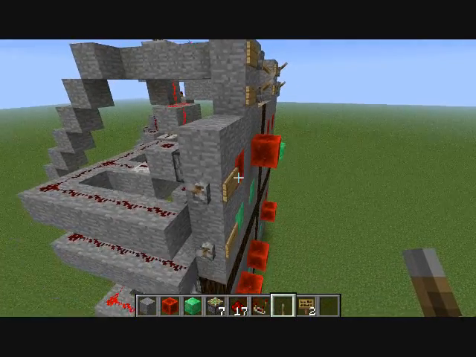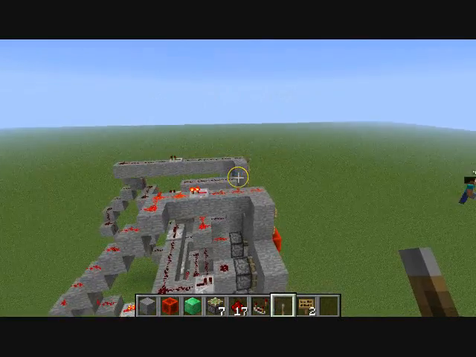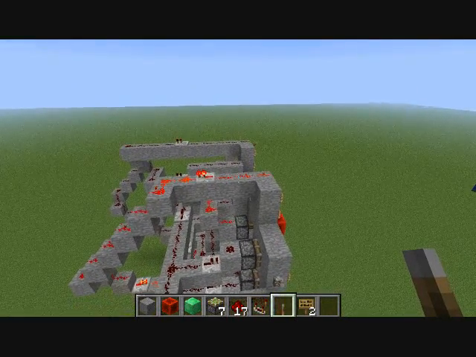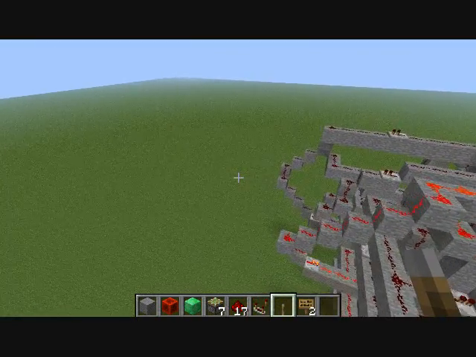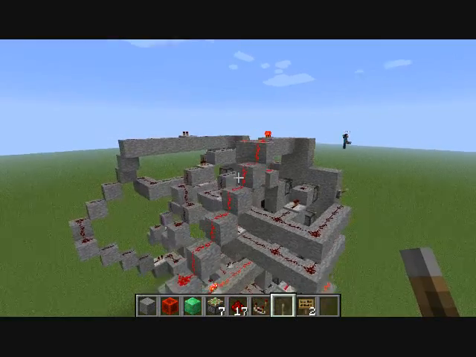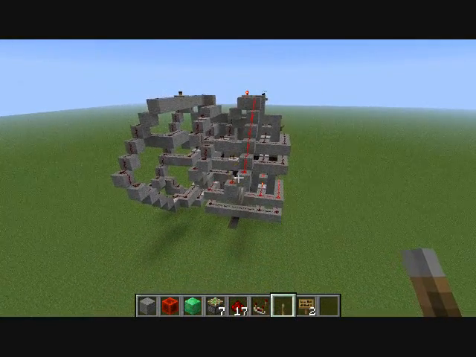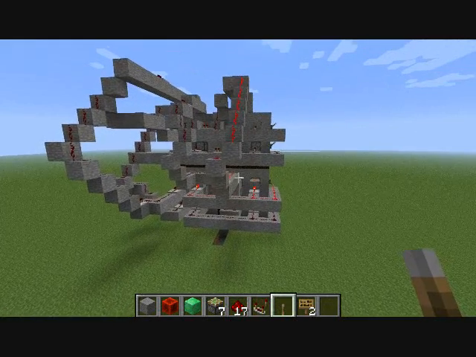So if we turn on a lever that goes vertically, we can see that we activated this lever and the redstone path here. So connecting to the lever and connecting to the sticky piston here.